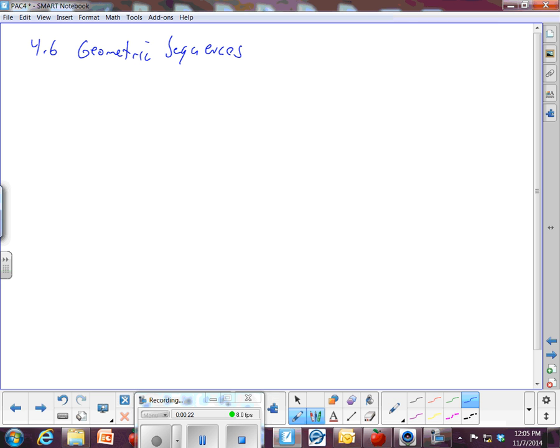Maybe not. All right. What's a geometric sequence? So we dealt with an arithmetic sequence. Now we need to deal with a geometric sequence. What is this? Successive terms. That means one right after the other.